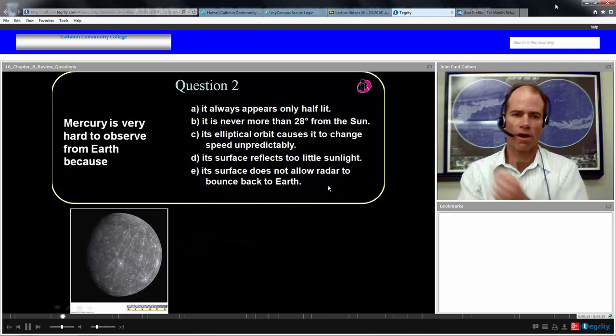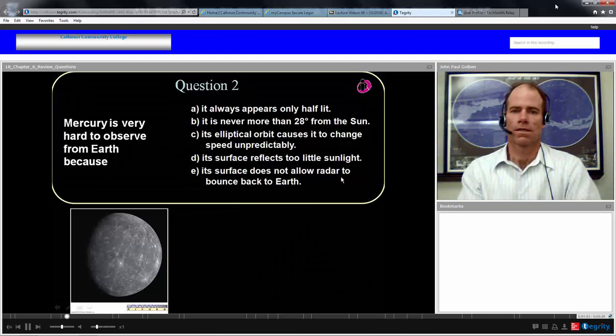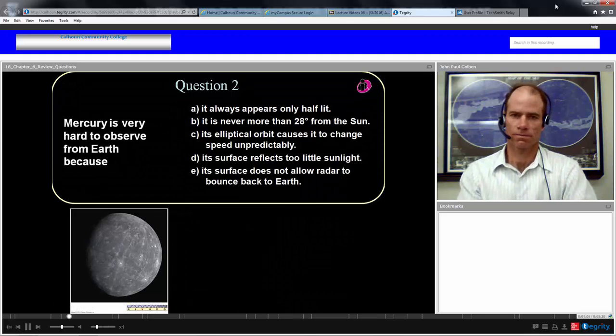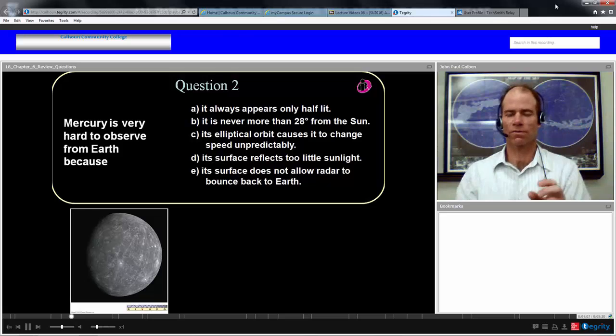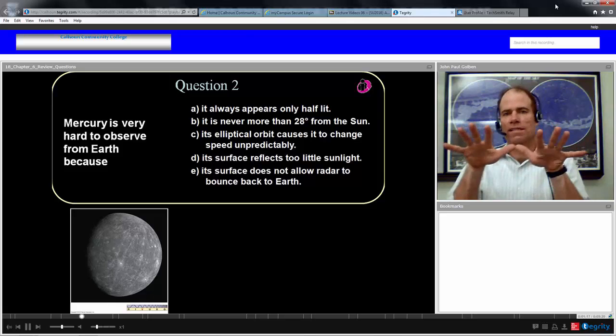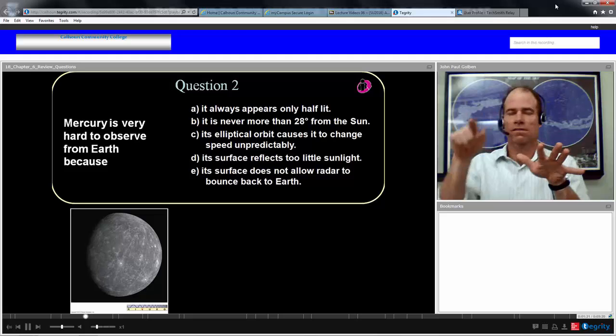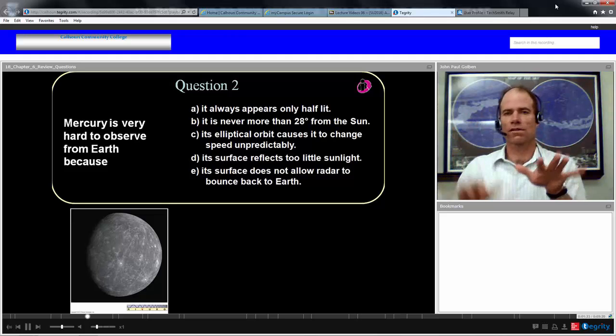Mercury is very hard to observe from Earth because it never ventures far from the sun, it being only 0.4 astronomical units away from the sun. At its greatest elongation, it's only 28 degrees from the sun, which is about 2 handspans. Each handspan, in terms of time distance on the celestial sphere, is 1 hour.